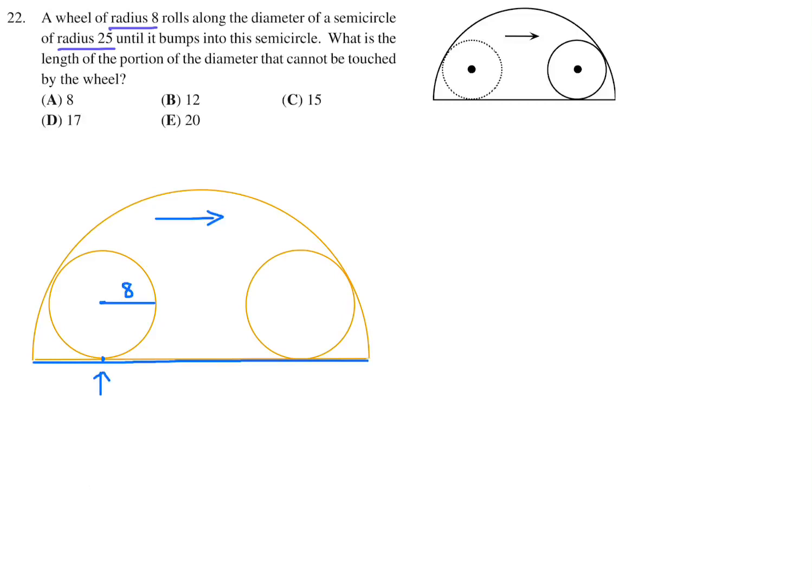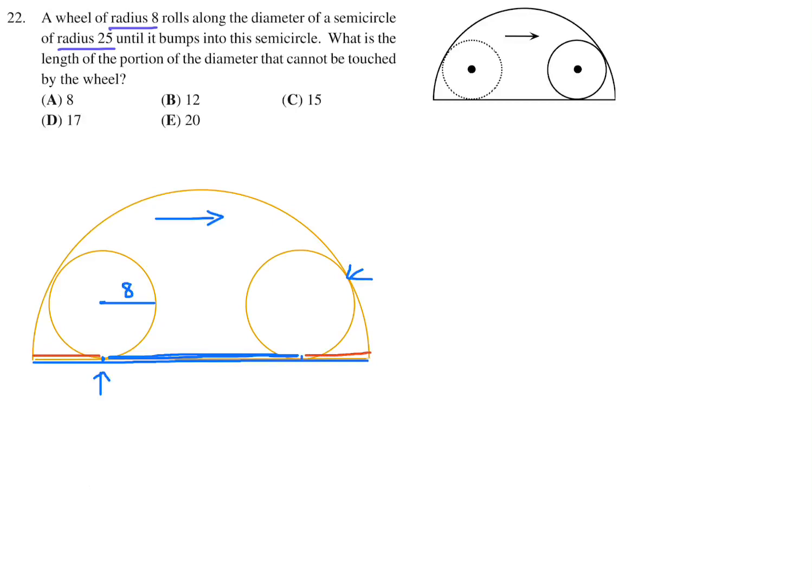And then as it travels, it will travel, of course, along this line. And eventually it gets to here. And that's where it bumps in here. Okay? So it will touch the semicircle, the wheel, along this area. It will not touch here, where I'm drawing it in red, and here.